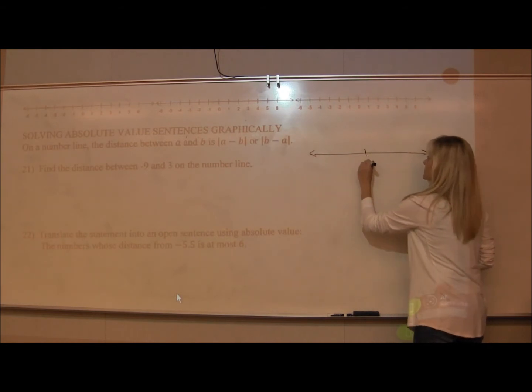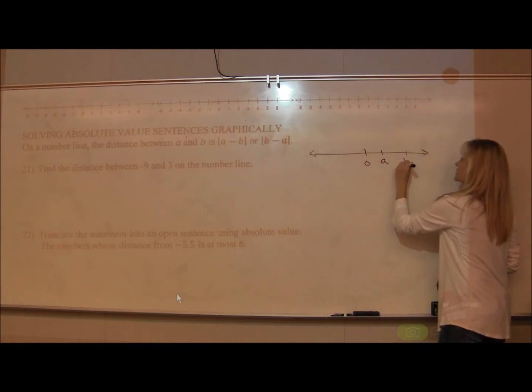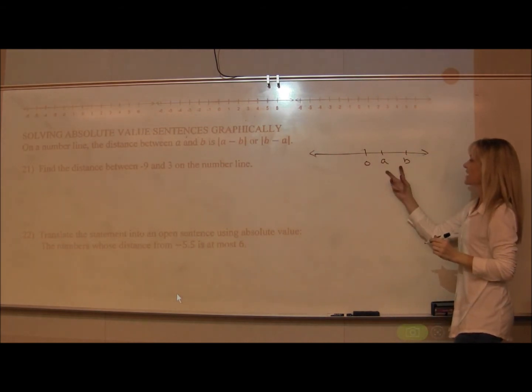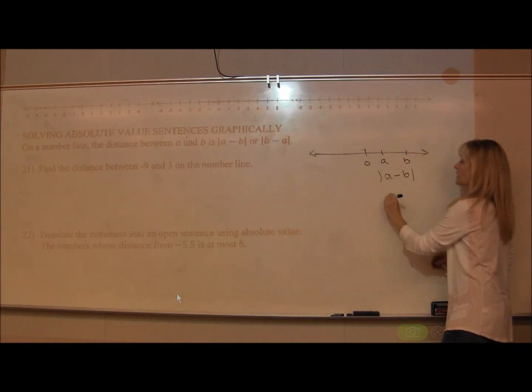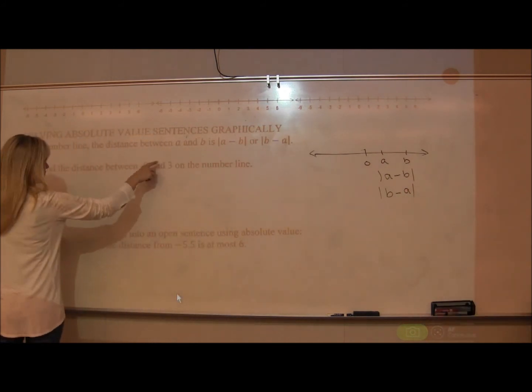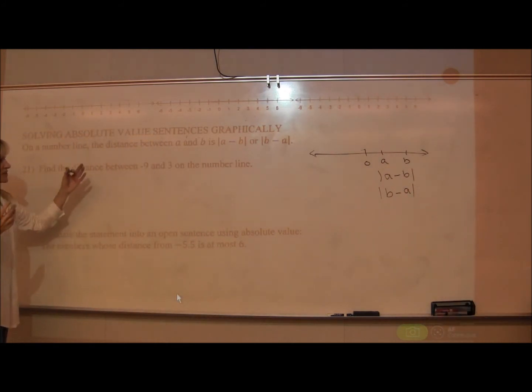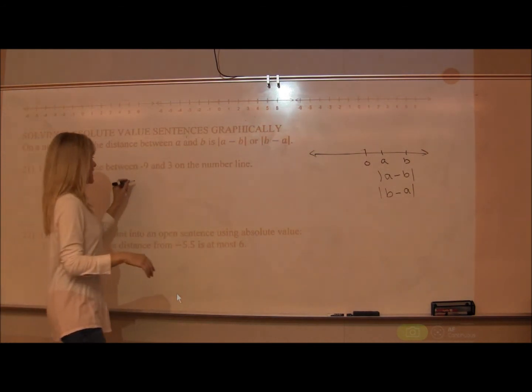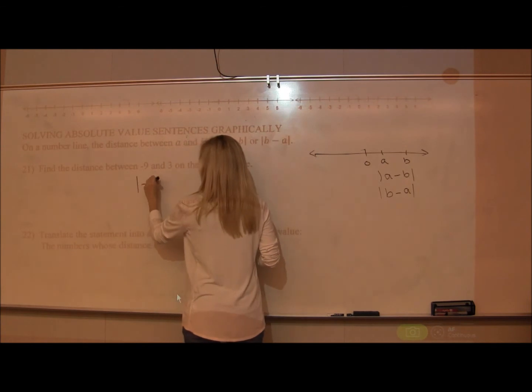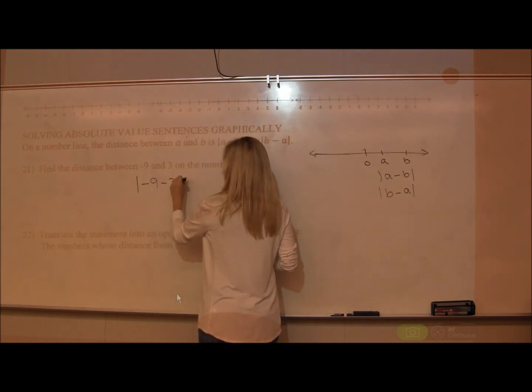On the number line, here's 0, here's A, and here's B. The distance between A and B is the absolute value of A minus B, or the absolute value of B minus A. Find the distance between -9 and 3. So we're going to subtract one value from the other. It doesn't matter which. Okay? So this would be the absolute value of -9 minus 3.